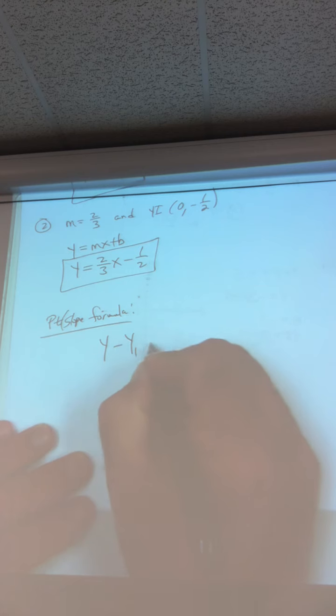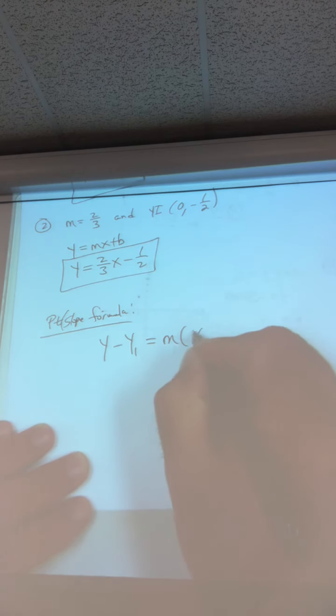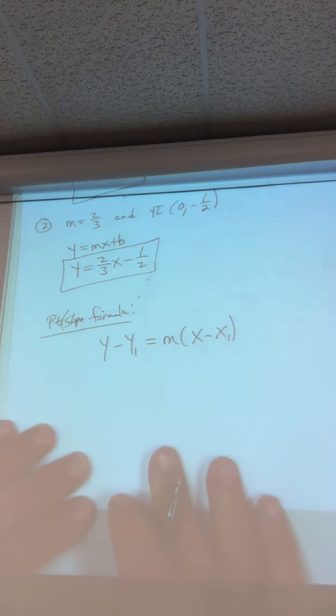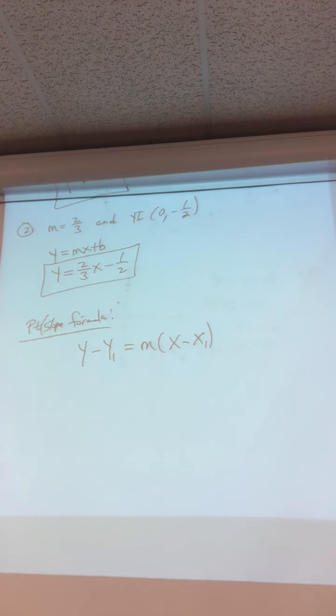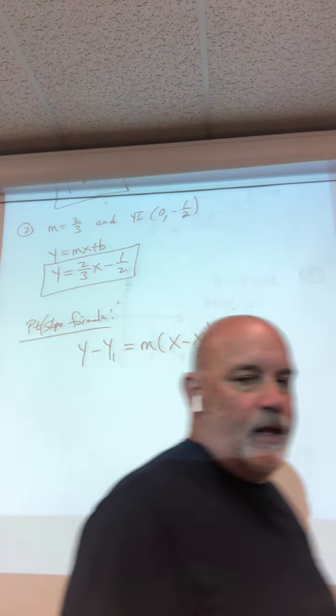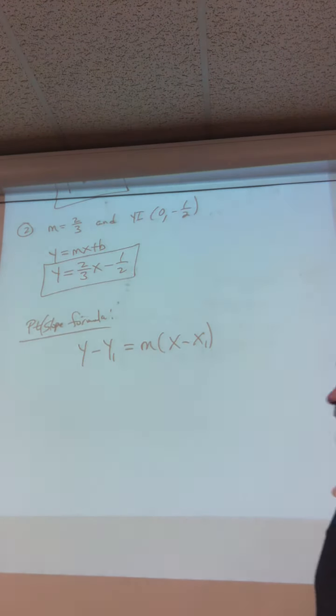Y minus y1 equals m times x minus x1. This is the point slope formula. Y minus y1 equals m times x minus x1.